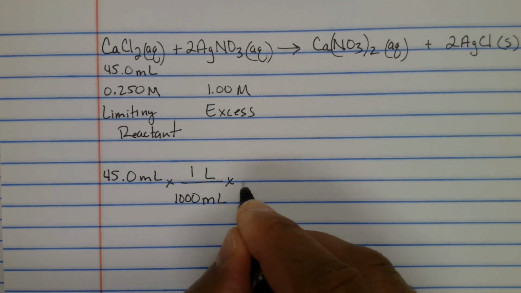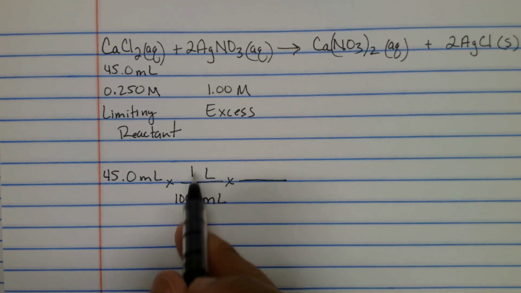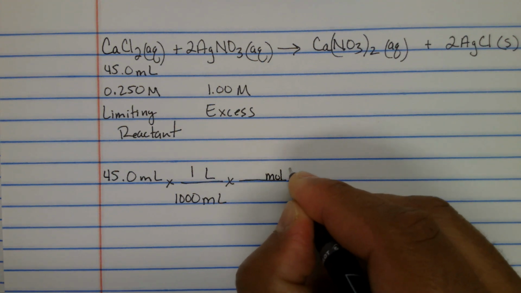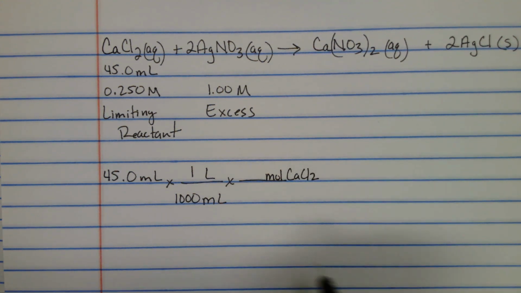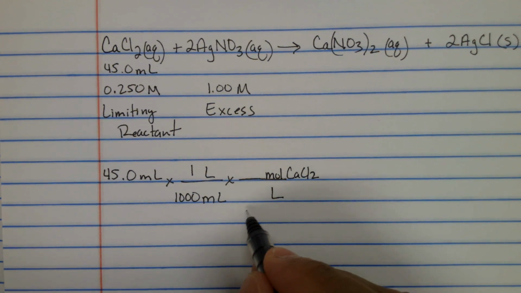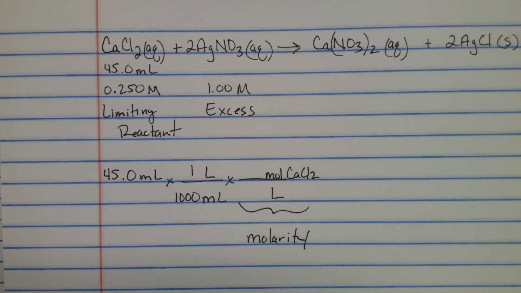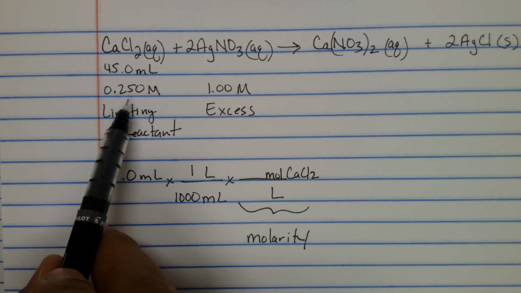And the reason I do this is because I can now convert the volume of liters into mole of the calcium chloride. And notice I can cancel liters, and if you look closely, this ratio here of mole per liter is the molarity. And that's given to us in the problem.